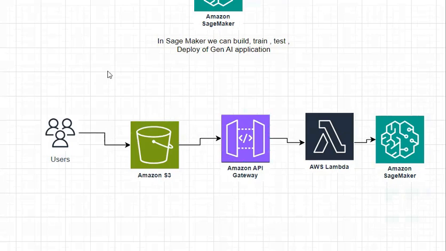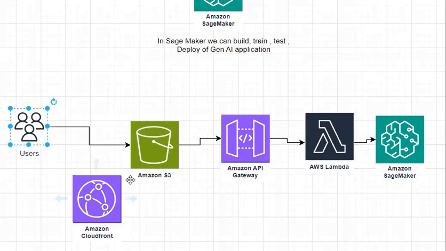In real time, this S3 won't provide us the response to all locations, that is to all regions or all availability zones. So what we did is we used a CloudFront distribution.